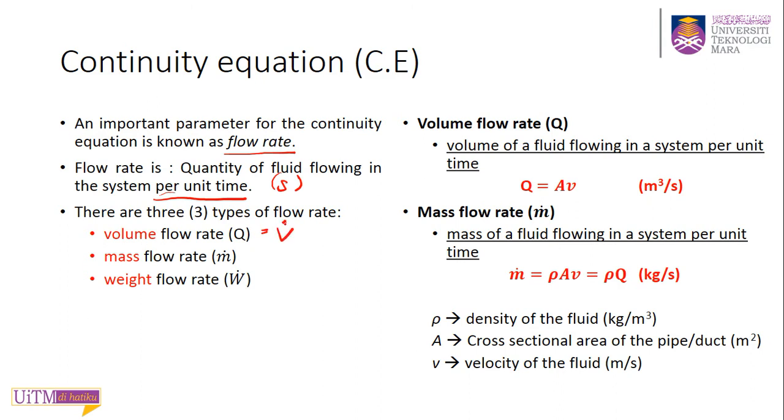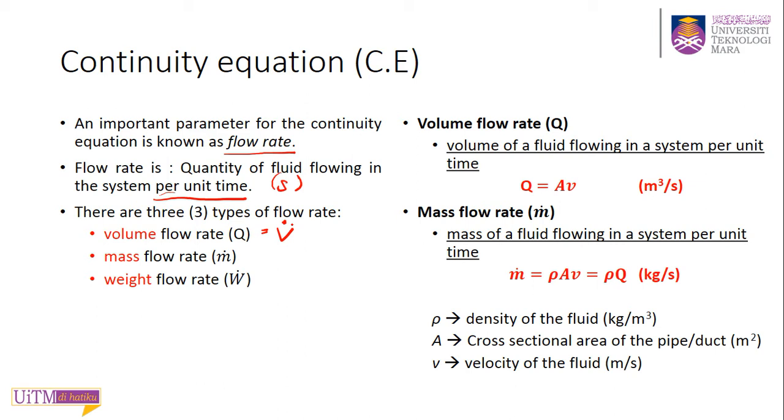It's just the same thing, just a different notation. Maybe their lecturer likes to use V dot to make it consistent with m dot and W dot. But I'm using Q, because there are a lot of different textbooks. One uses Q and one uses V dot, so it's just the same thing.